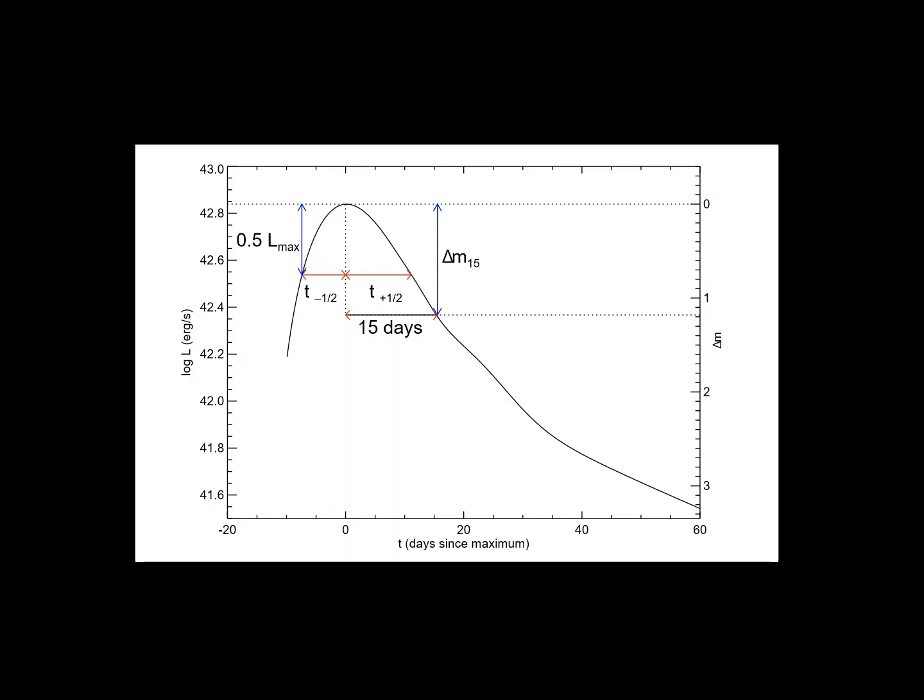And t plus half is the time taken by the supernova for its brightness to decrease from the peak to its half. And the linear decline parameter is the change in brightness between the peak and the brightness after 15 days.